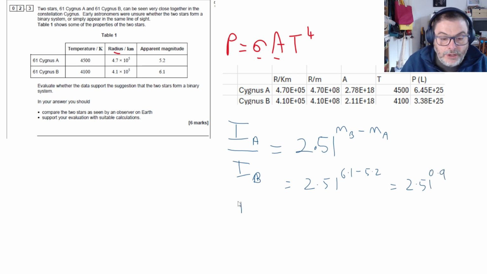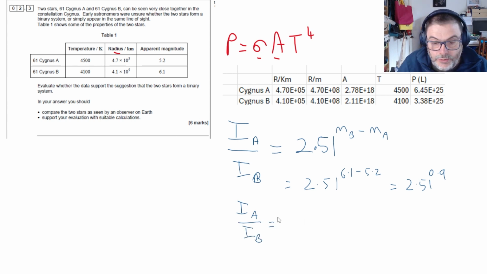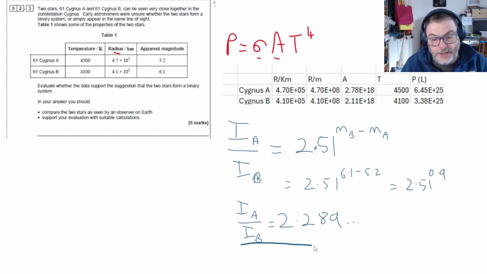So when you work that out, you get the intensity of A over the intensity of B equals 2.289... This figure tells us the ratio of the intensities of star A over star B. So that's what's arriving on Earth.